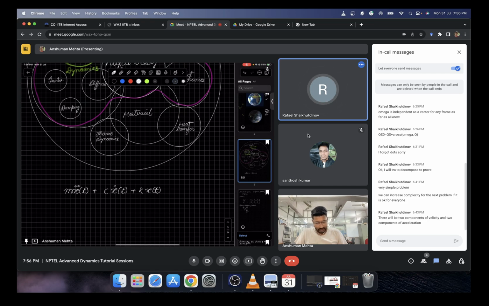Related method. Yes. Finding the solution of this part, right?